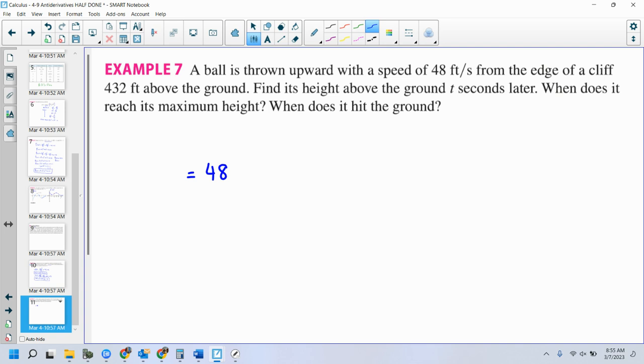What's that? The starting velocity. Right? Starting velocity. What's 432? Starting position.